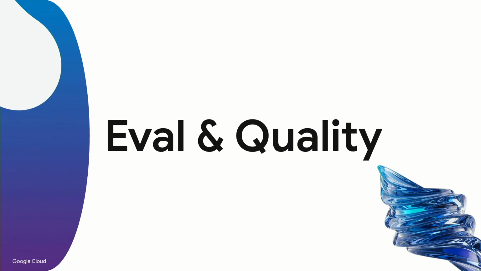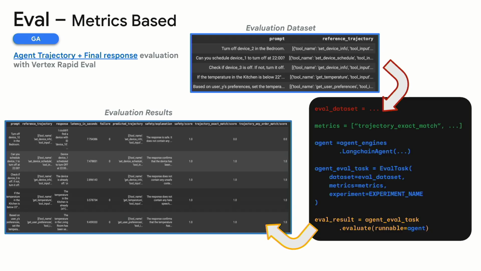Okay, so we have developed our agent. Now we need to measure it. Let's talk about evaluation and quality. We offer robust metrics-based evaluation using Vertex Evaluation Service. You provide an evaluation dataset that includes the prompts and reference trajectories. Trajectories contain the ideal tool calls and responses.